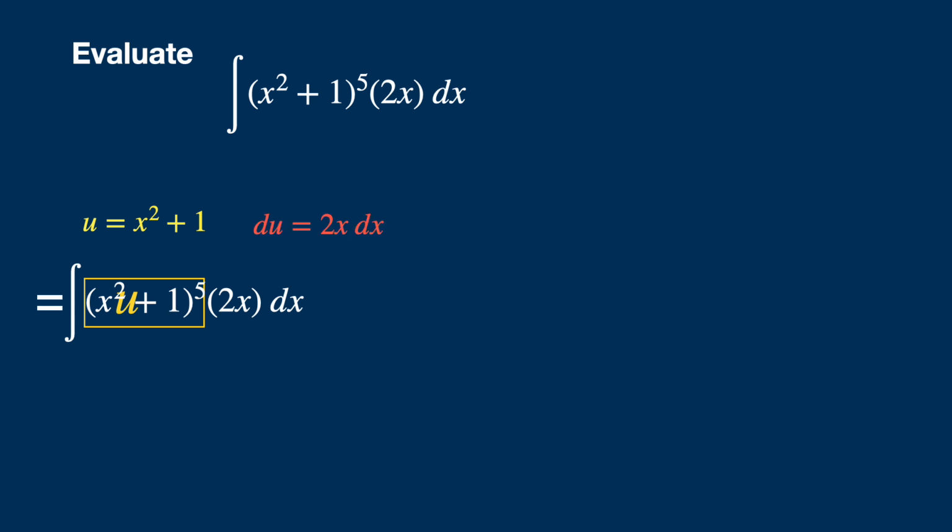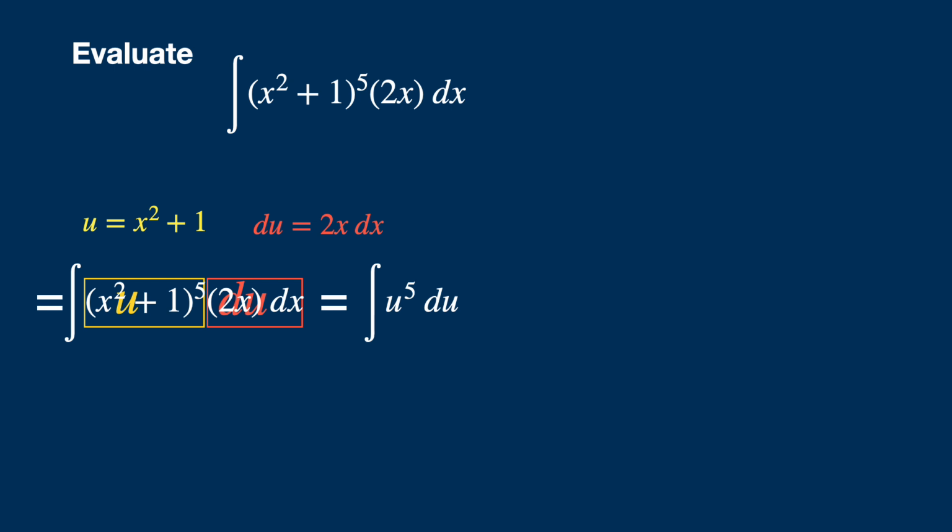Because du is going to be 2x dx right there. That's going to be du. So now, after you identify u and find du, you substitute. So you have a new form of the integral: the integral of u to the fifth power du.